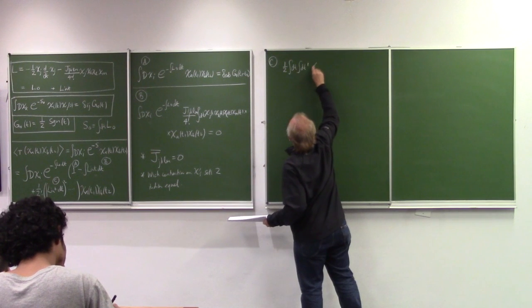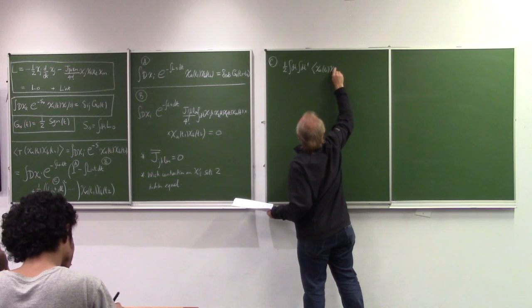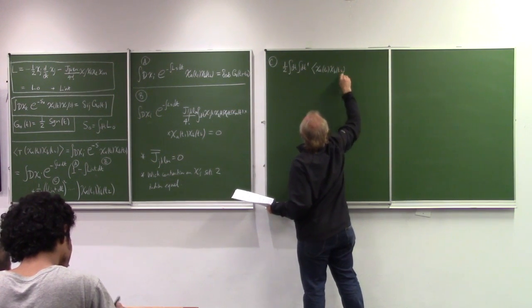Then we have our fields, chi_A of T1, chi_B of T2.